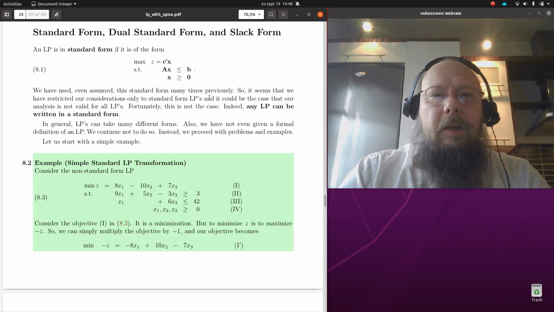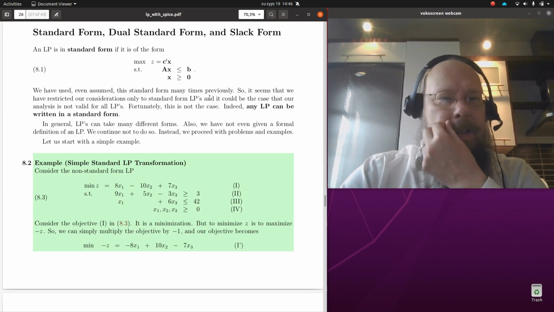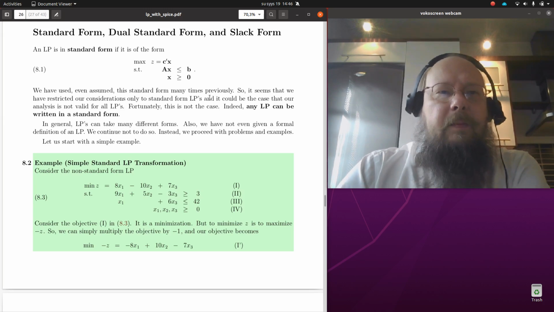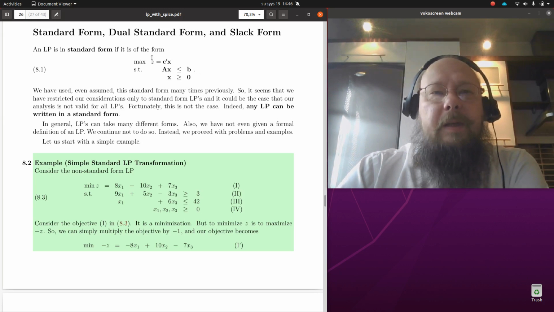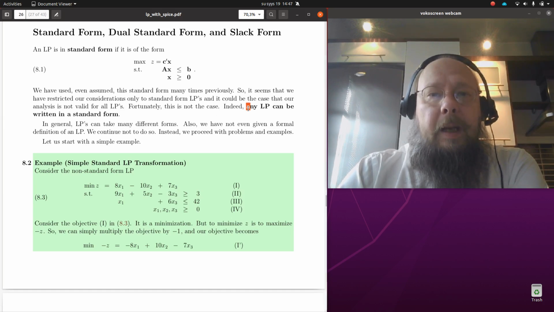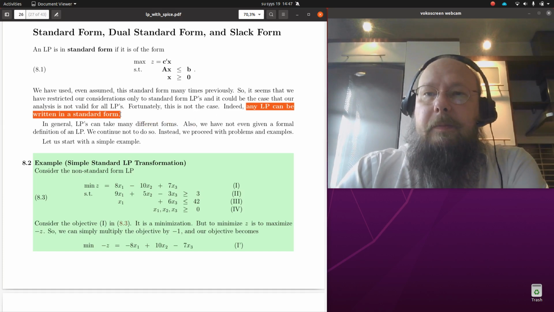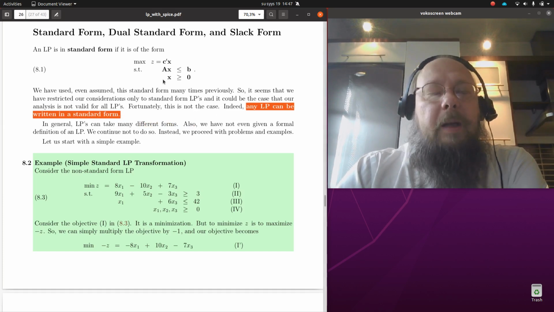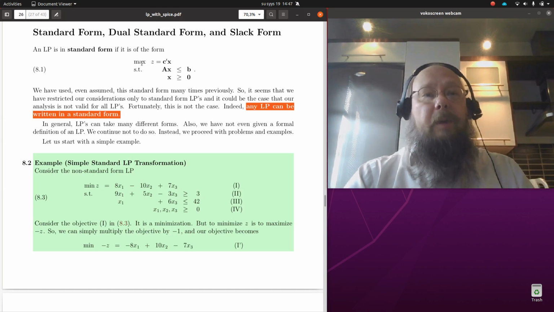And now it seems that we may have a problem here in the sense that our analysis is not valid for all LPs, only LPs of this standard form. But we are actually fortunate, this is not the case. Indeed, any LP, any linear program can be written or rewritten in a standard form. So if we are given an LP that's not of this form, we can, if we wish, transform it into a standard form, so the form like this.